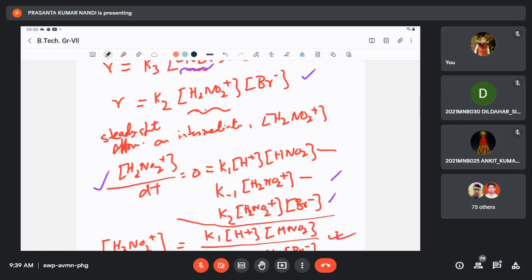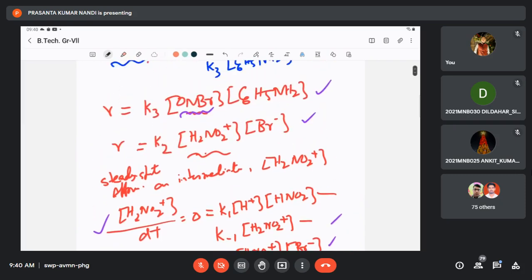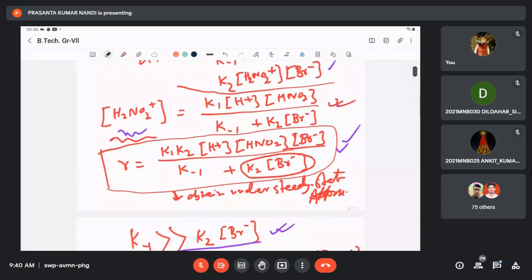So if you solve this equation, you get H2NO2 plus. And put this expression of H2NO2 plus in the second equation, and it appears like this.